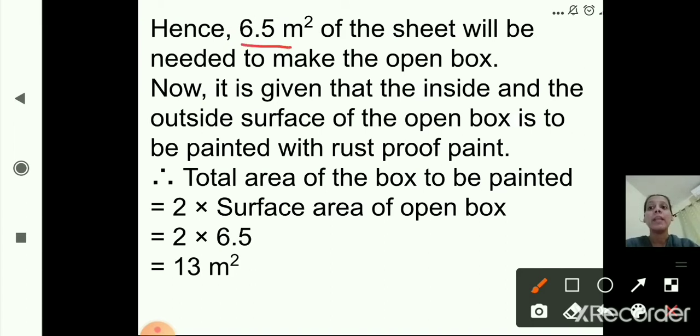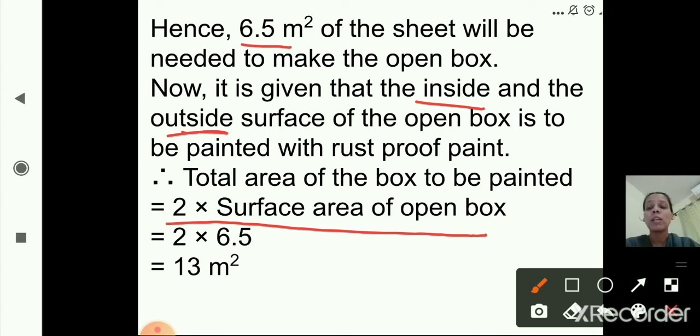Now it is given that the inside and the outside surface of the box is to be painted with rust proof paint. So therefore total area of the box to be painted is equal to 2 multiplied by surface area of open box. Why 2 multiplied by? Because we have to paint inside and outside, both the sides.